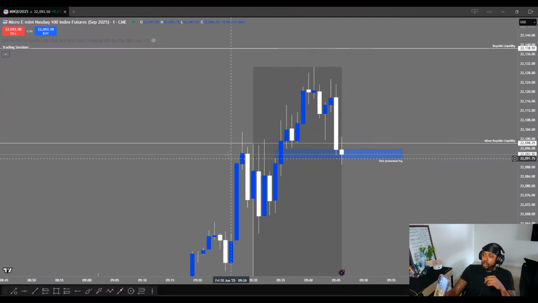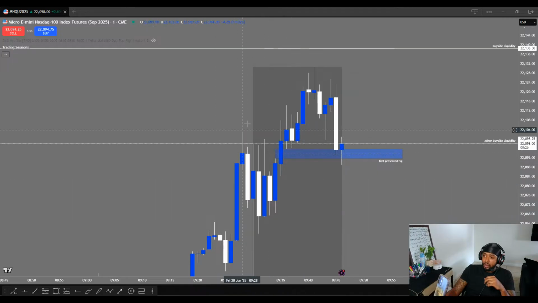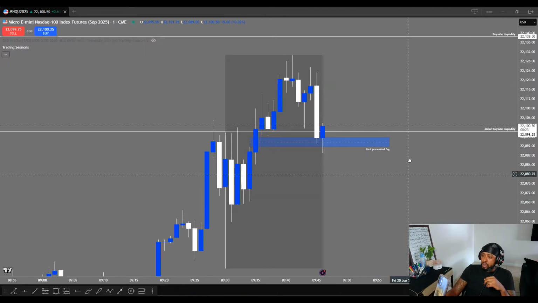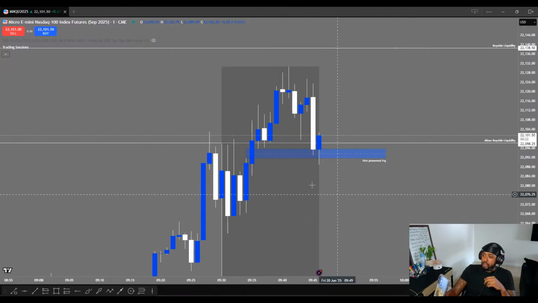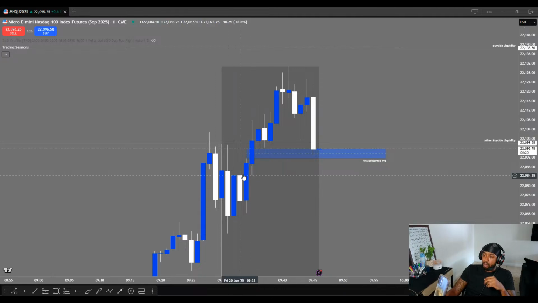So before the run up, this whole zone right here is support. Until it breaks down here, it can still bounce at these levels because this is an order block also.